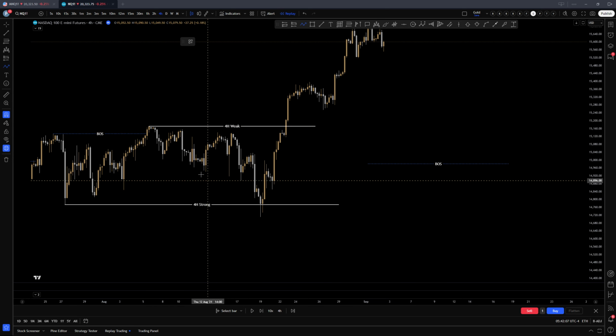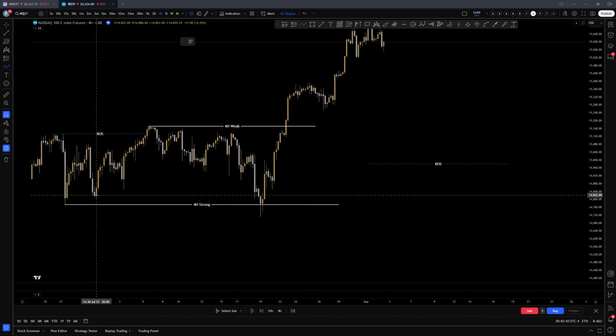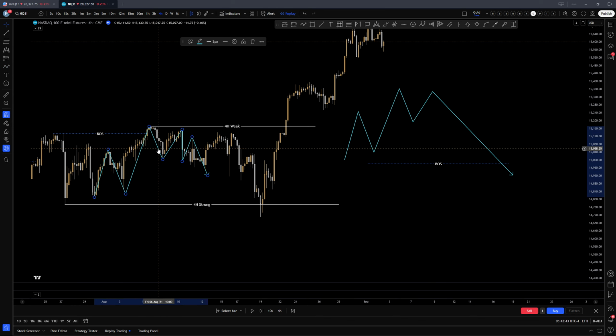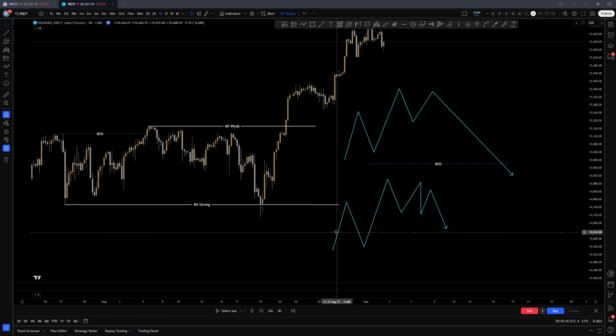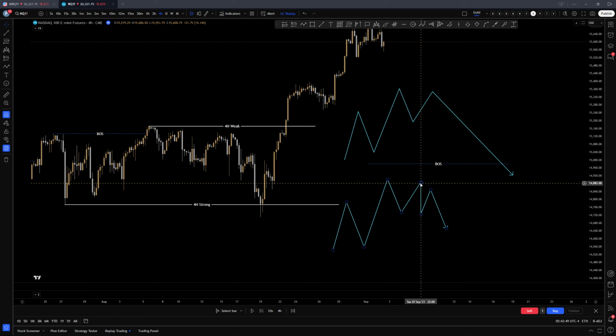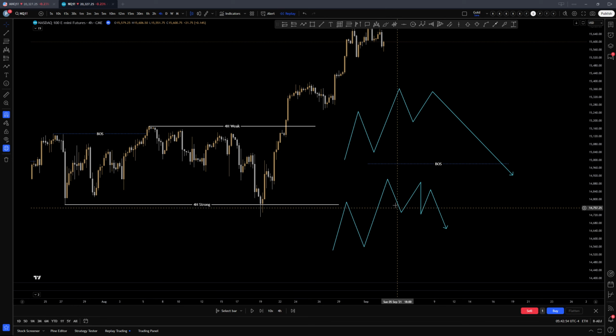which it does. If we wanted to have a look at the internal structure again, so something like that, right? And it continues down. So we've got the higher high, higher low, higher high, higher low, lower high, lower low, lower high, lower low.